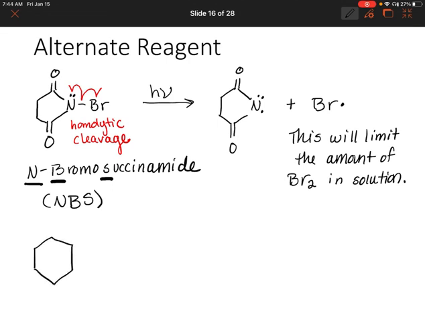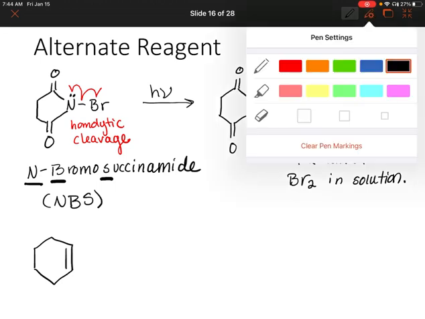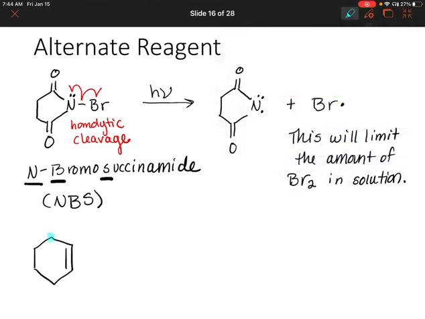Okay, so what we could do instead, if we have cyclohexene and we want to add bromine to the allylic position, we would write NBS for N-bromosuccinimide, and underneath we could write hν for light.